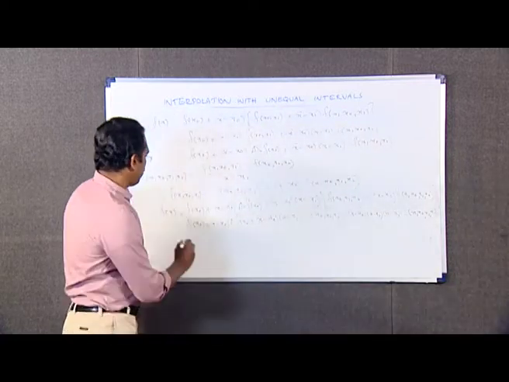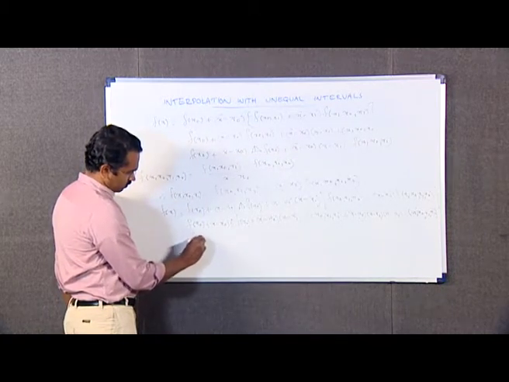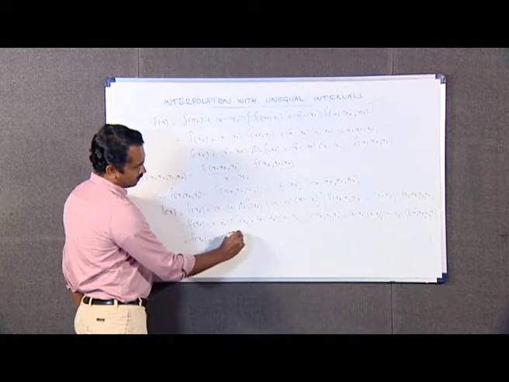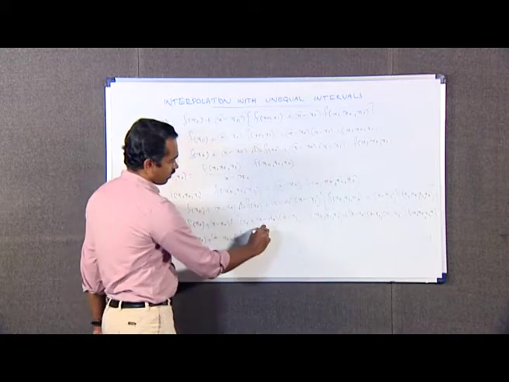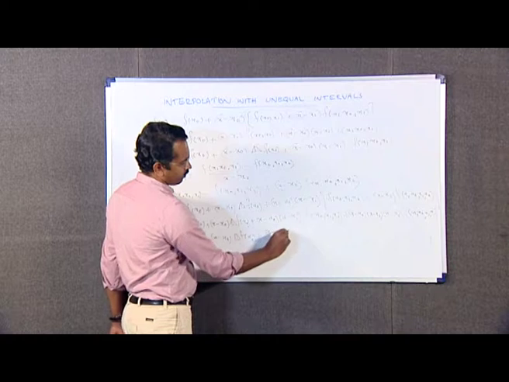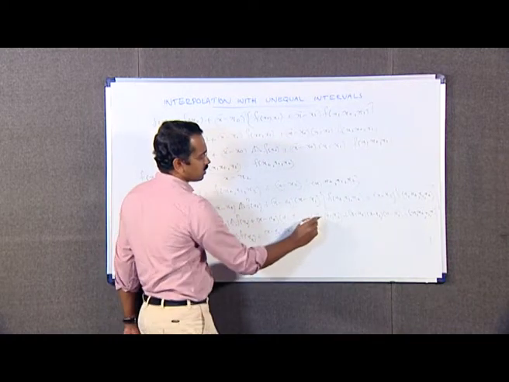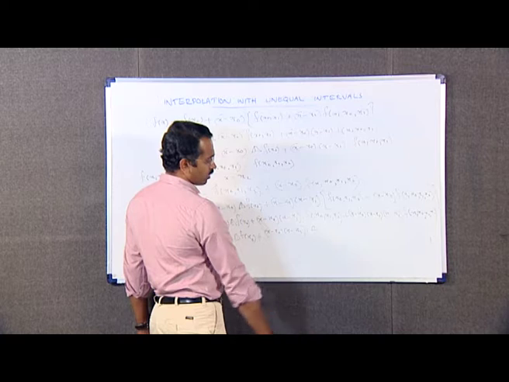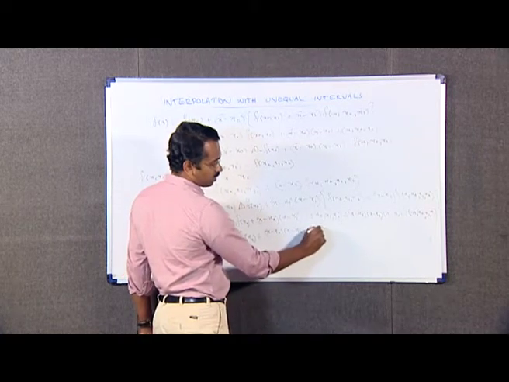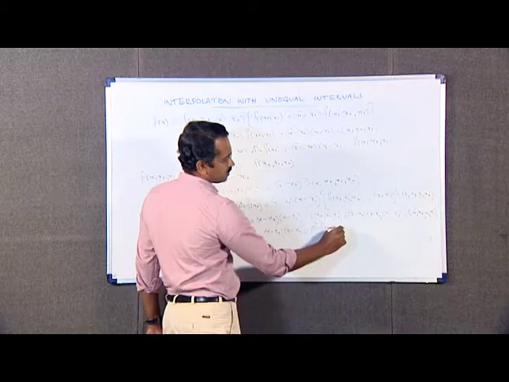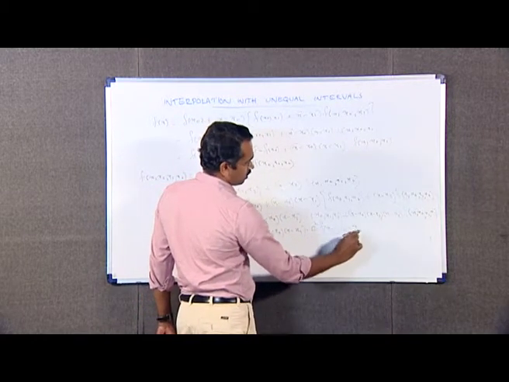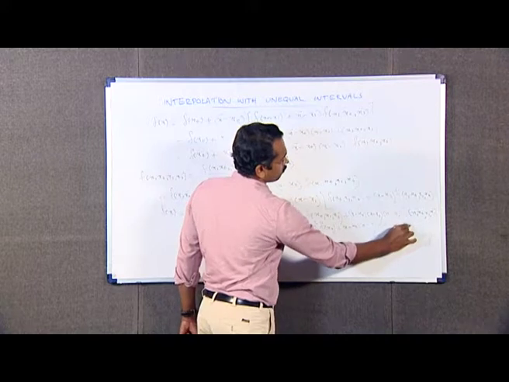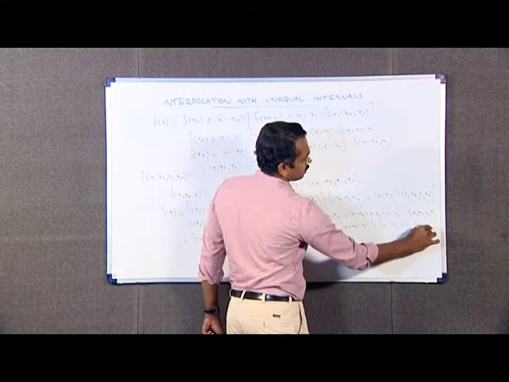which is equal to f(x0) plus (x minus x0) into divided delta f(x0) plus (x minus x0) into (x minus x1) into this is the divided difference between 3 arguments x0, x1 and x2, that is divided delta square f(x0), plus (x minus x0) into (x minus x1) into (x minus x2) into f(x, x0, x1 and x2).